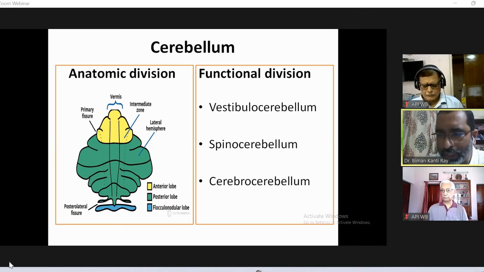So these are the terminologies you commonly encounter: archicerebellum, paleocerebellum, neocerebellum. Archicerebellum is equivalent to flocculonodular lobe, equivalent to vestibulocerebellum. Paleocerebellum is equivalent to spinocerebellum, equivalent to vermis and paravermis. Neocerebellum is equivalent to cerebrocerebellum, that is the cerebellar hemisphere.